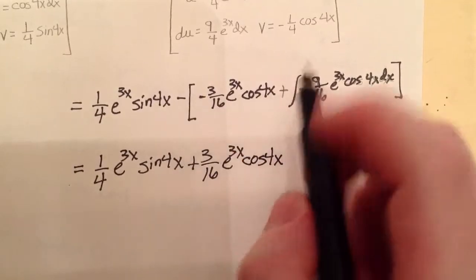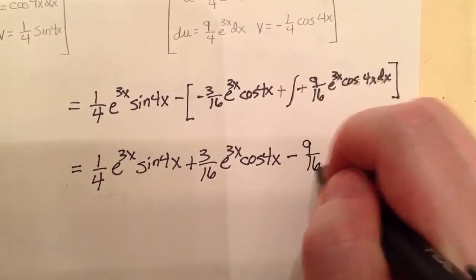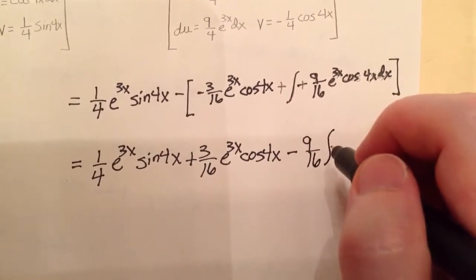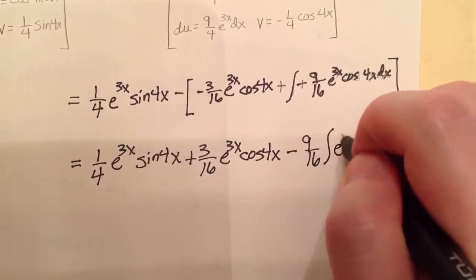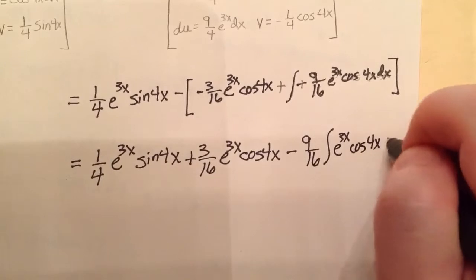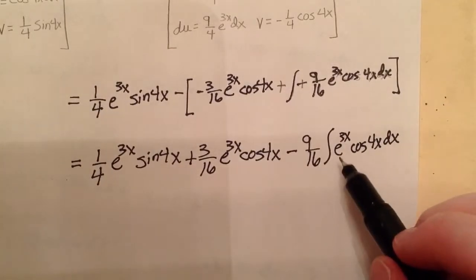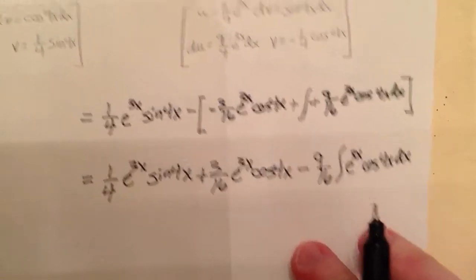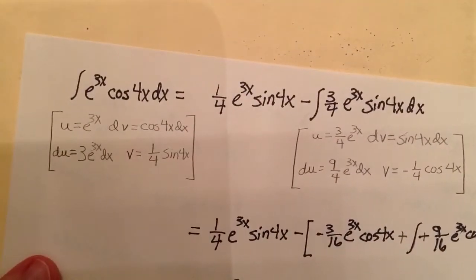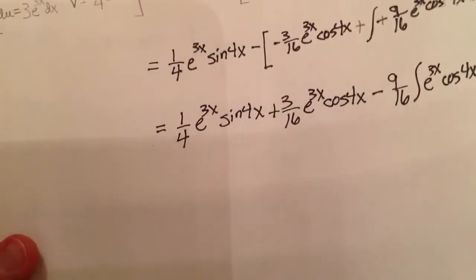And subtraction over addition, we have minus 9/16 times the integral of e to the 3x times the cosine of 4x dx. If you notice, we have the integral of e to the 3x cosine of 4x dx all over again.